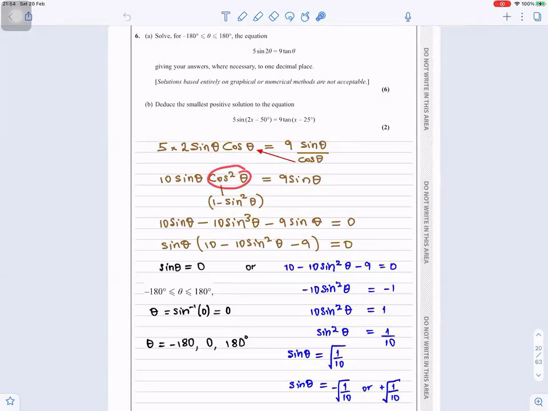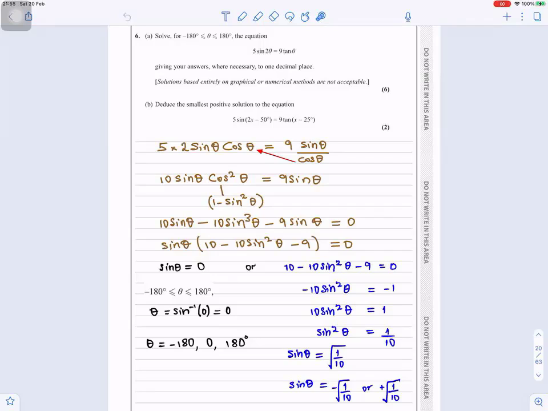So when you do that, all the cosine will disappear. You only have things with sine. 10 sine theta minus 10 sine cubed theta minus 9 sine theta. It's all sine theta, sine theta, sine theta. So you can factorize. Sine theta is there, there, and there. It comes out of the bracket.